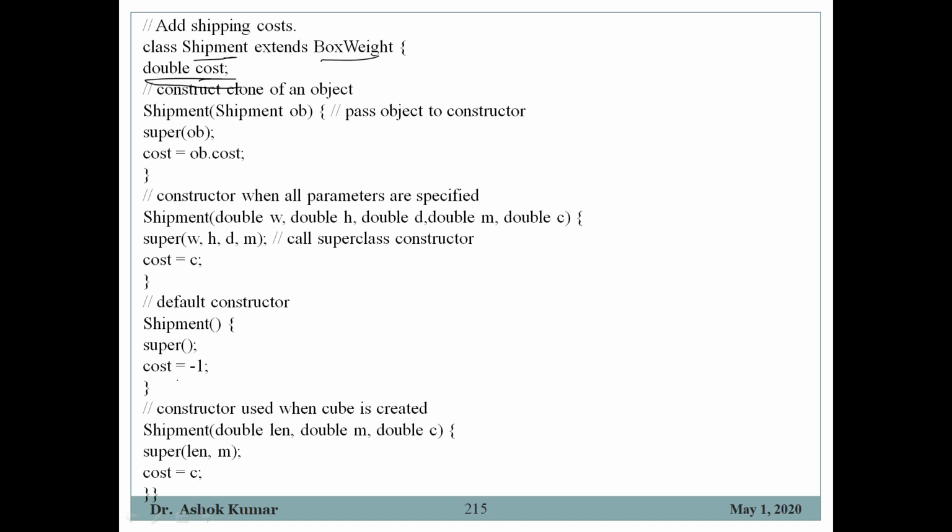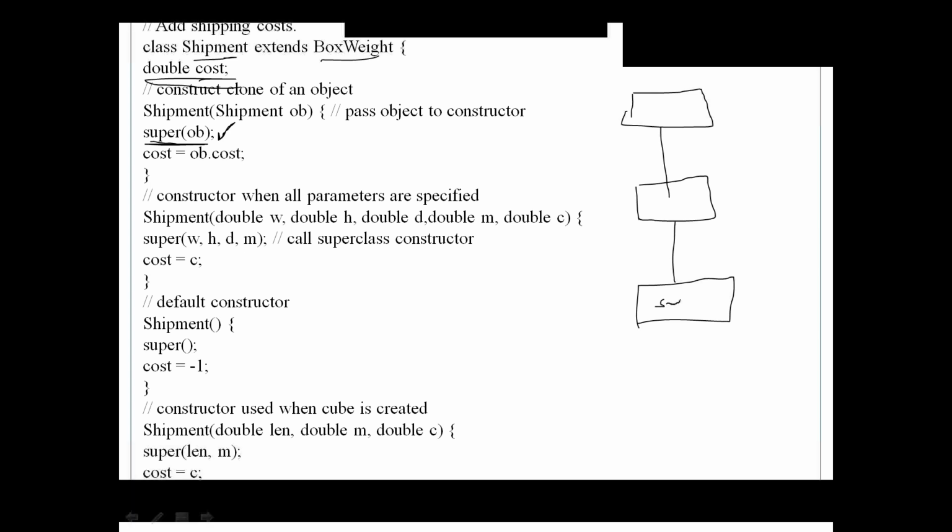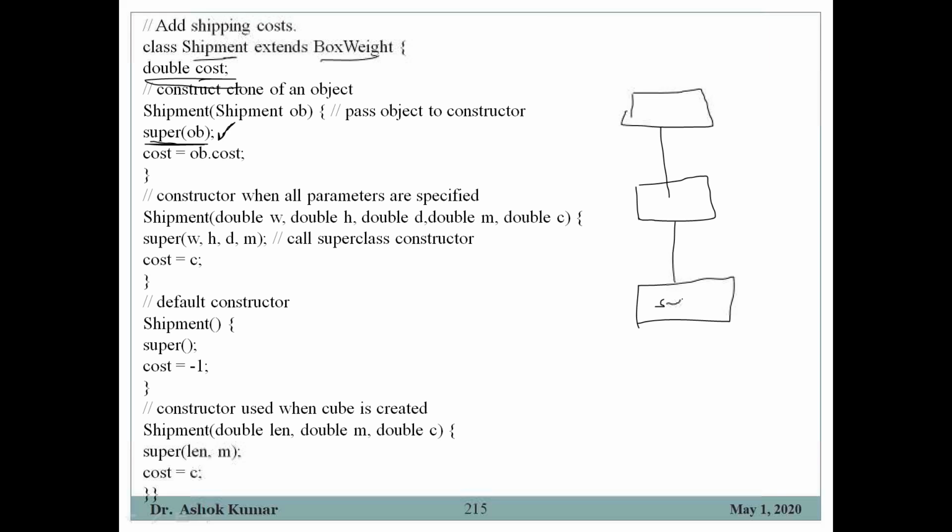In here we have some constructors. If you use super, this super will call the BoxWeight class constructor, the immediate superclass. If I show you diagrammatically again, this is our Box class, this is our BoxWeight class, and this is our Shipment class. If you use super in the last class, this will call the constructor of this class.